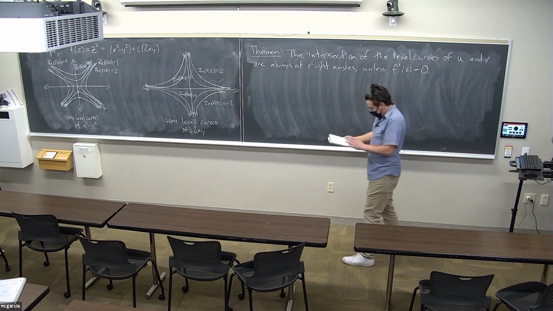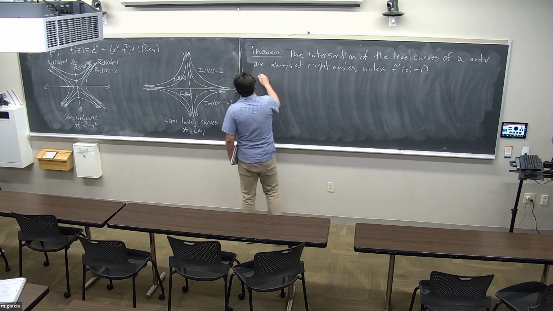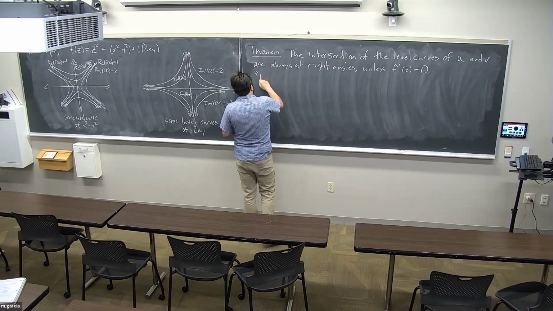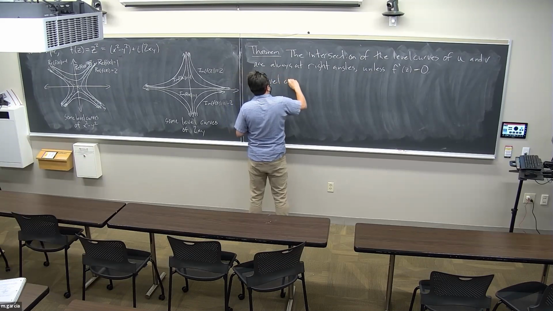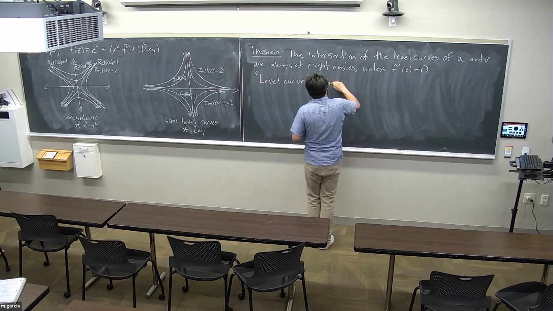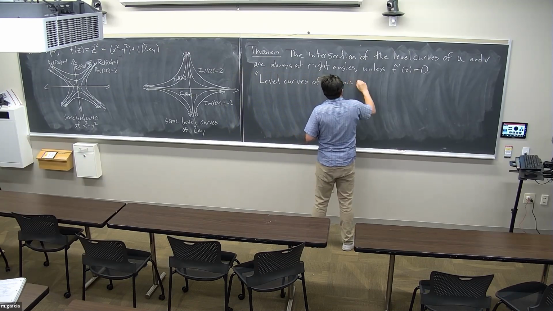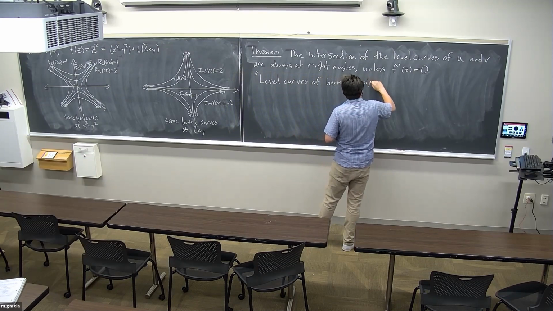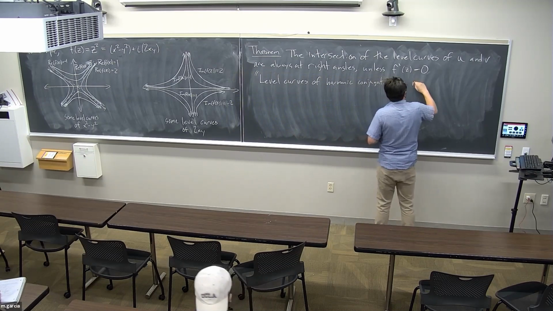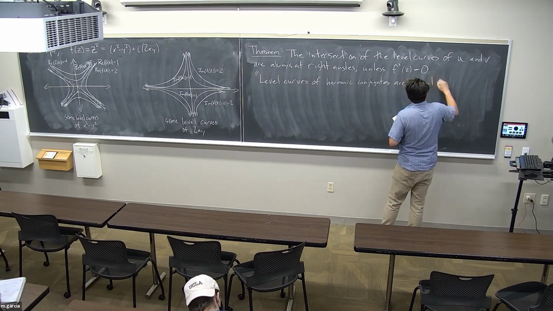Right. Here's another way to say this. Level curves of harmonic conjugates are normal.